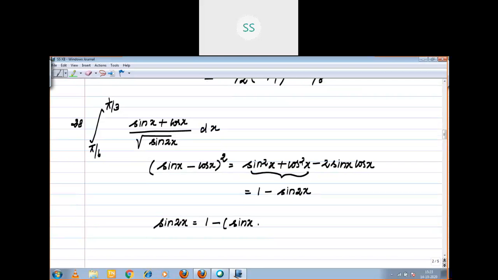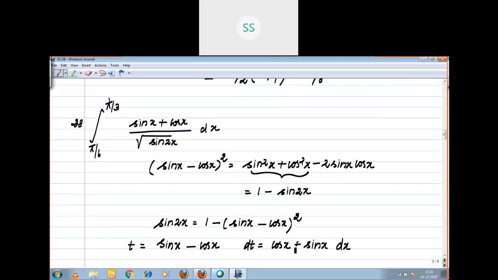Now you see, in the denominator I had square root of sin 2x. Now you see, sin 2x equals 1 minus (sin x minus cos x) the whole square.